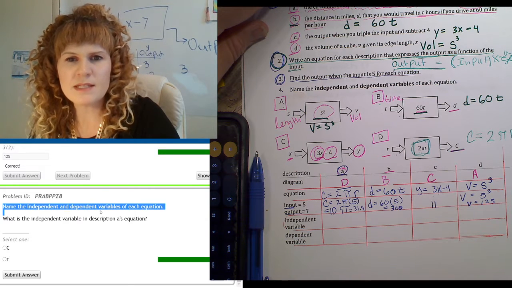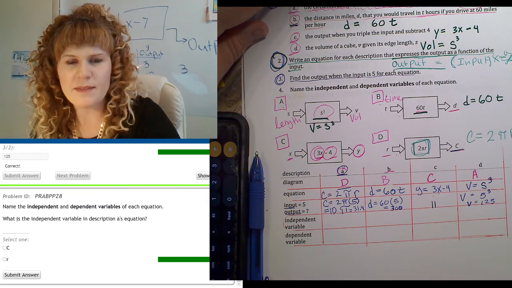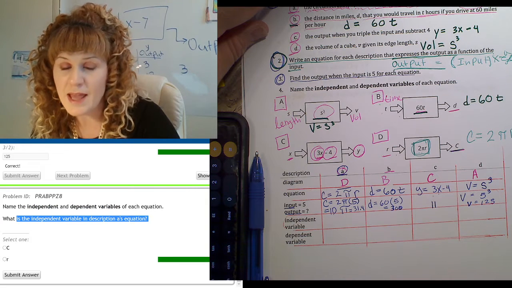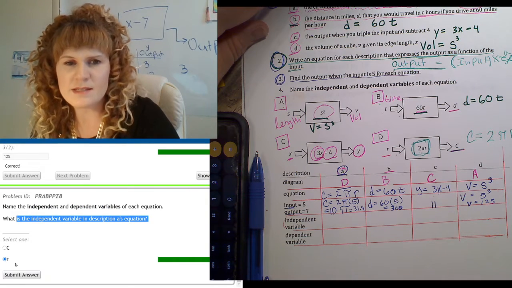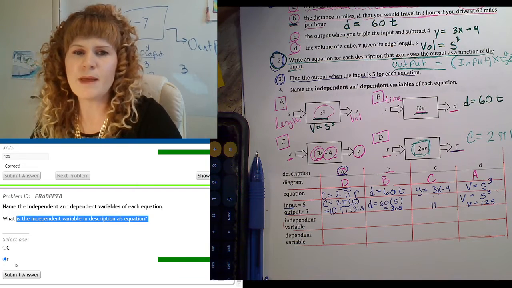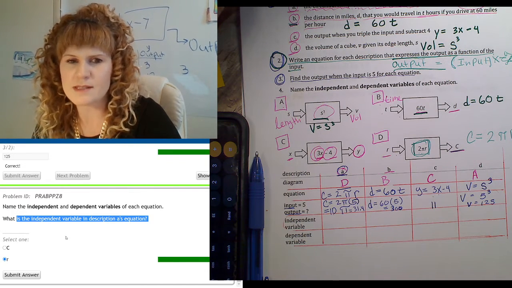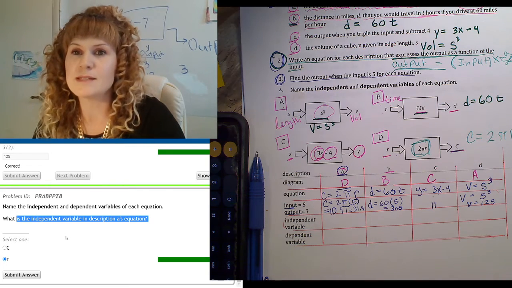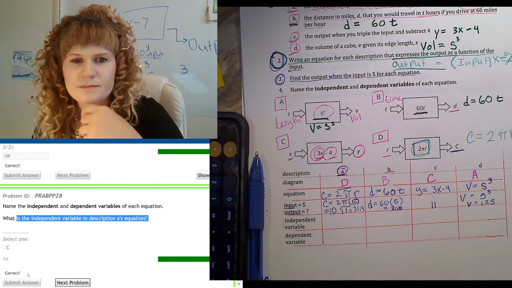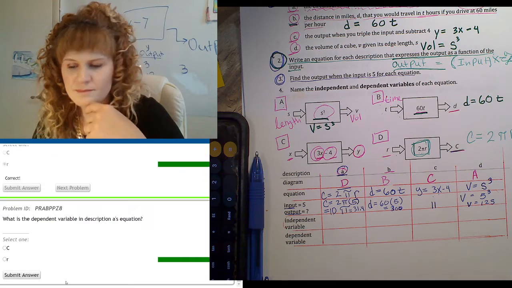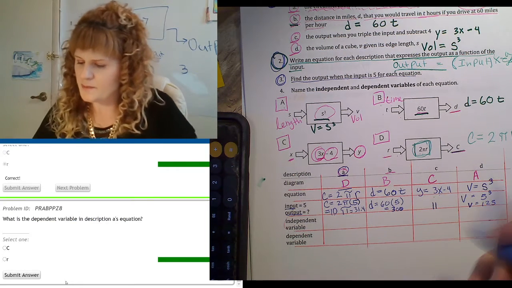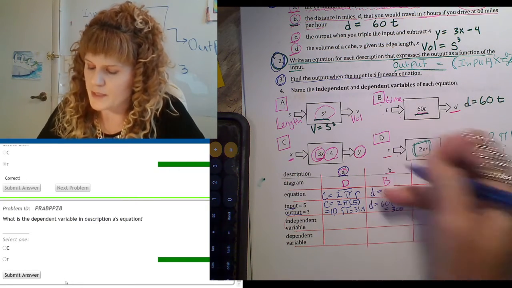Name the independent and dependent variable. Okay, the independent variable in A is the radius. The radius does not depend on what the circumference is. The circumference depends on the radius. And you can see that too because it is the input.